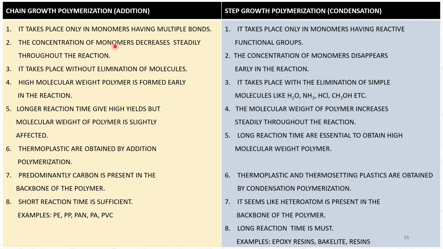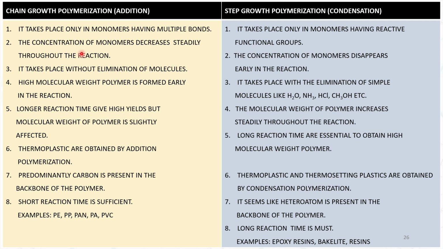Now, in the case of addition polymerization, the concentration of the monomer decreases steadily in the reaction. However, you get the polymer in the initial stages, but monomers would still be there. Earlier, I think I said that your monomers will disappear in addition polymerization as well.